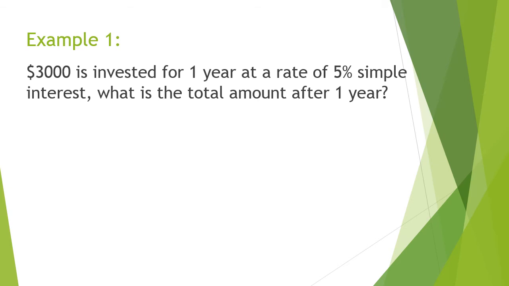Let's take a look at this question. We have $3,000 invested for 1 year at a rate of 5% simple interest. What is the total amount after 1 year? So let's put the information that we have in this question on the side. P, which is the principal, is equal in this case to $3,000. That's the beginning balance.